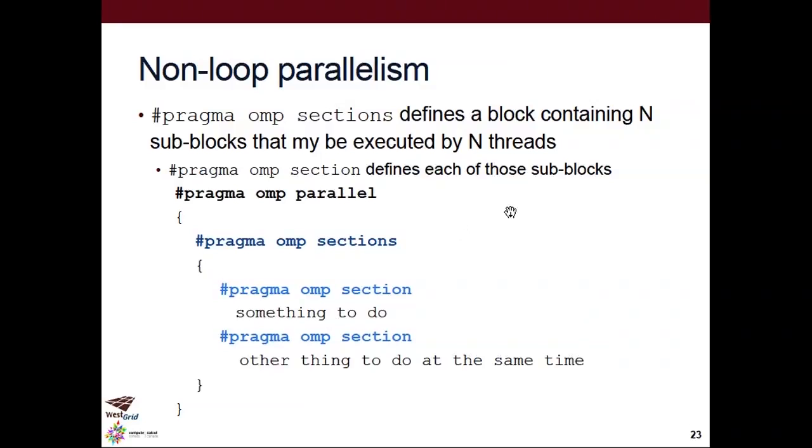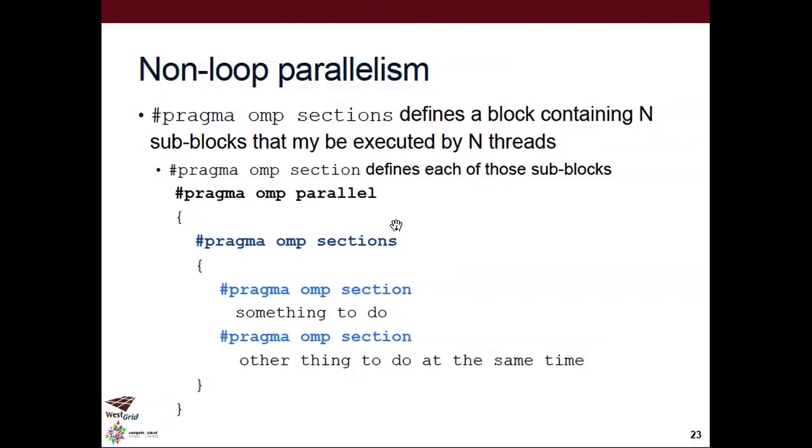So you can create sections. Sections should be within OMP parallel, so you have an OMP parallel as a parent, then the sections construct, and then within sections you have one or more section constructs that you want to run.